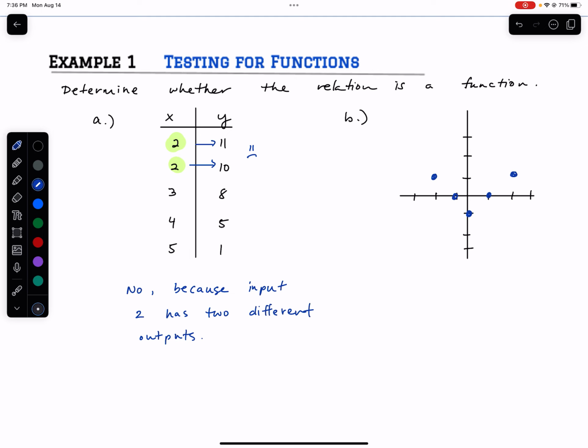Okay, so if we look at the different inputs we have, are -2, looks like, and 1 gives us output. But notice that none of these inputs repeat. So yes, this is a function.